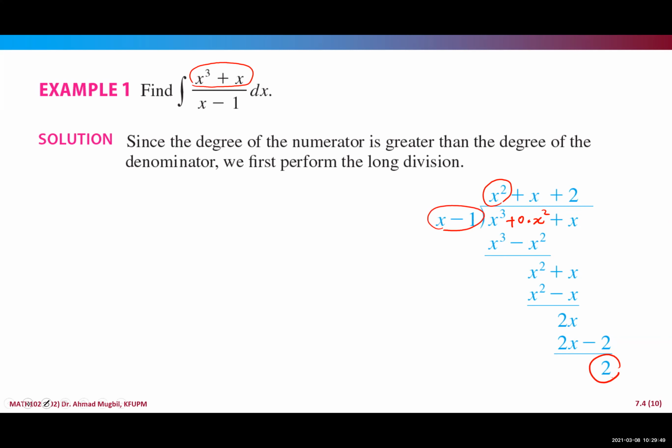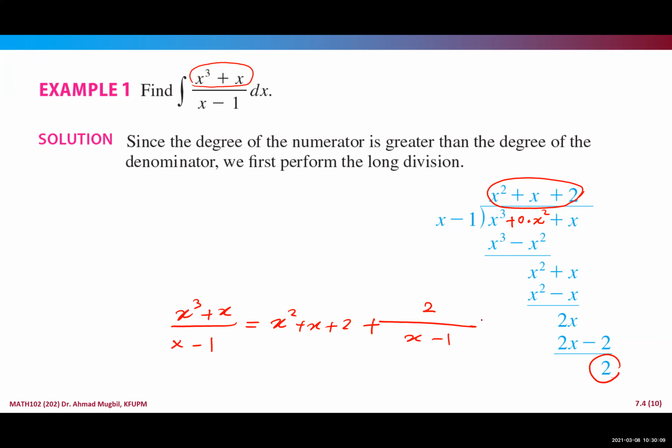Now by the division algorithm, we will say like this: x cubed plus x over x minus 1 will be equal to the quotient, x squared plus x plus 2, plus the remainder over the divisor.